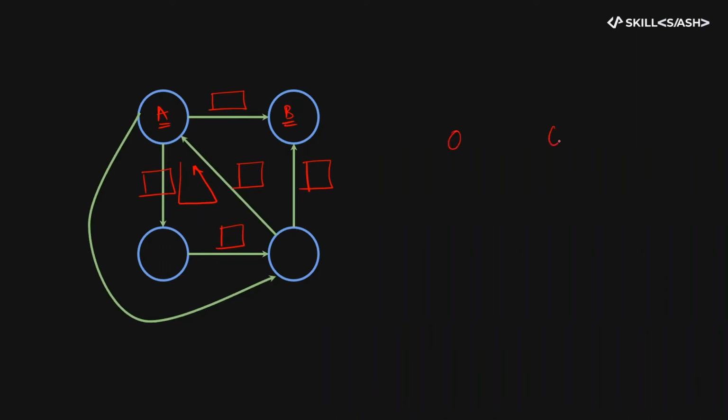From point A to point B, if you want to go, you have some traffic, and because of that you will get some time. So let's say one factor we are associating with it, say 10.